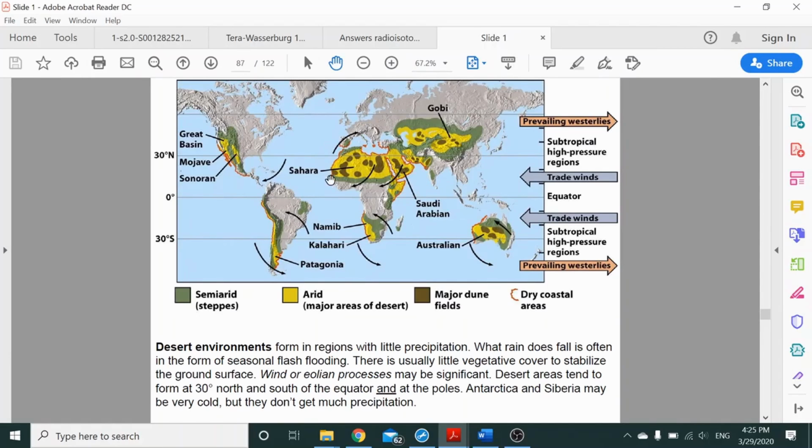And the West Africa desert develops because this zone is dominated by trade wind. Trade wind blows from the northeast direction to the southwest direction, and it comes from the continent.